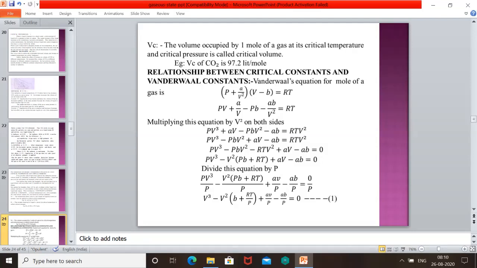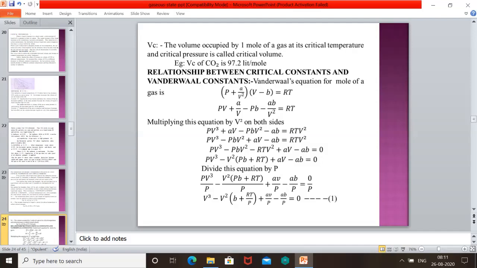We bring the powers of V in decreasing order: PV³ − PbV² − RTV² + aV − ab = 0. If we rearrange this, PV³ − V²(Pb + RT) + aV − ab = 0.